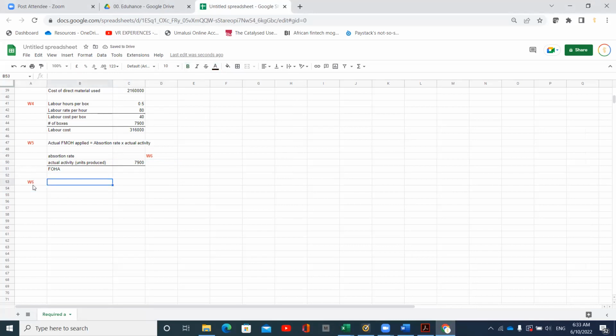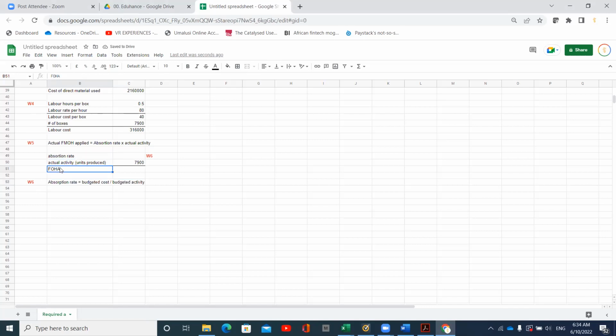Okay, so absorption rate or fixed overhead rate or predetermined overhead rate equals budgeted costs divided by budgeted activity. So the absorption rate is based on budgeted information.